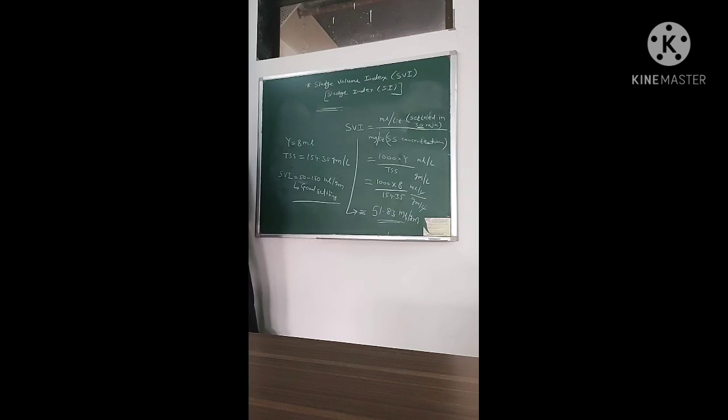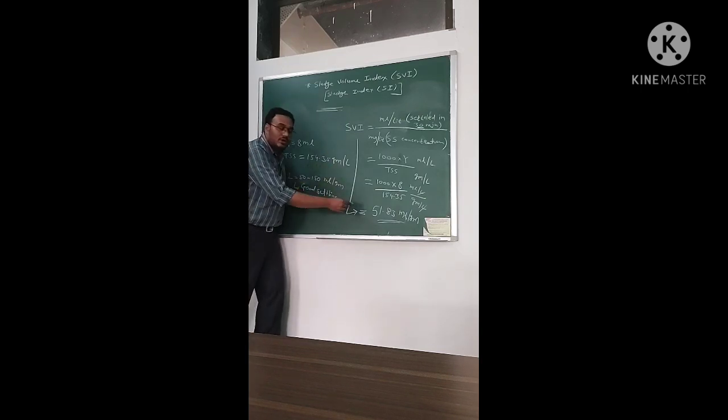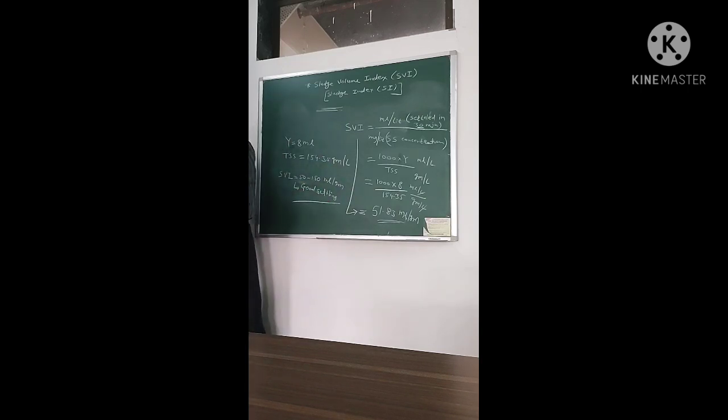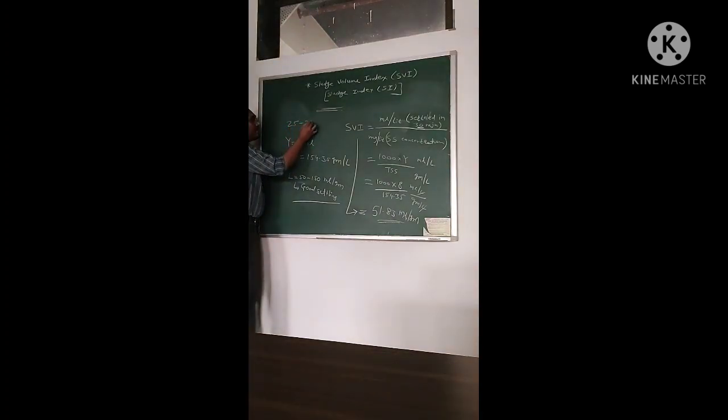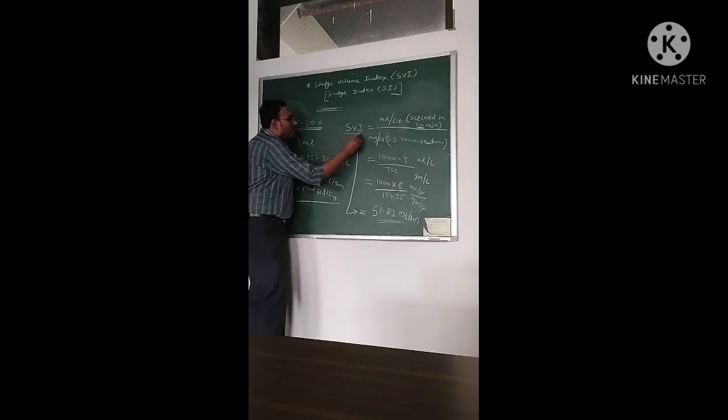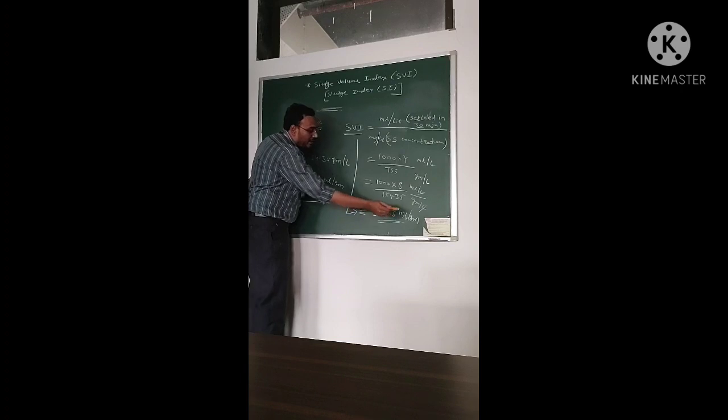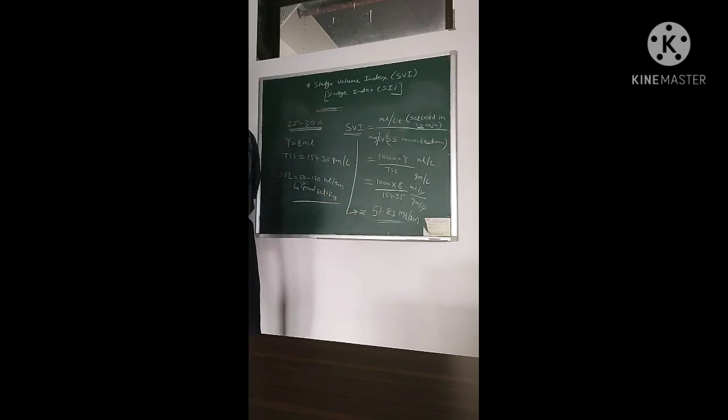Based on the total volume of the secondary settling tank, the total quantity of sludge can be calculated, and based on that about 25 to 30% sludge can be returned as activated sludge in the aeration tank for the process of mixed liquor. So here our final reading of SVI is 51.83 ml per gram. Okay, thank you.